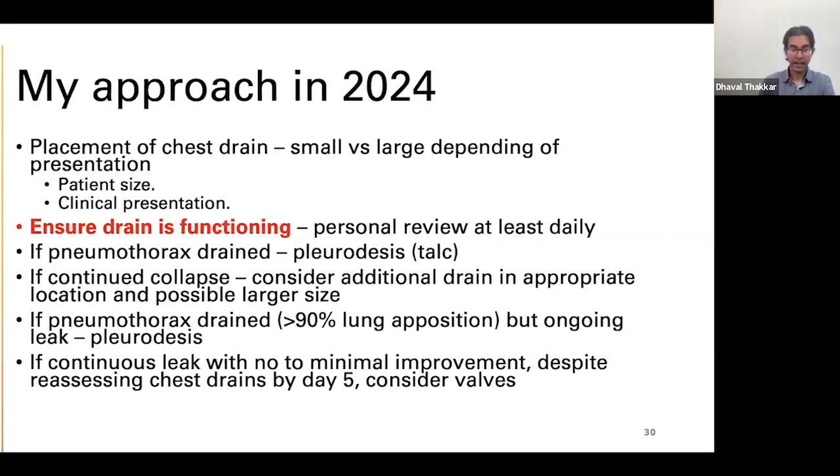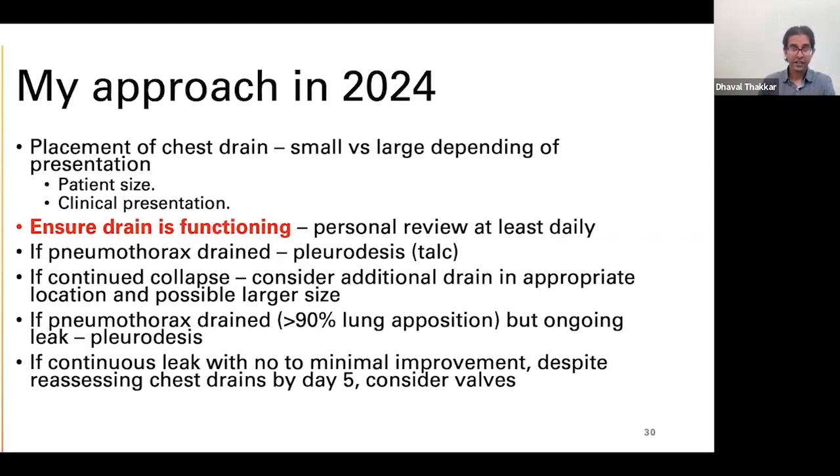As much as I have amazing fellows and trainees, these are things that they can miss, and it can slow down improvement in your patients or be detrimental. Making sure that the drain is functioning properly, it's in the right location, hasn't migrated, isn't plugged, all these things need to be checked at least daily, if not more than once a day. I feel very strongly about that.